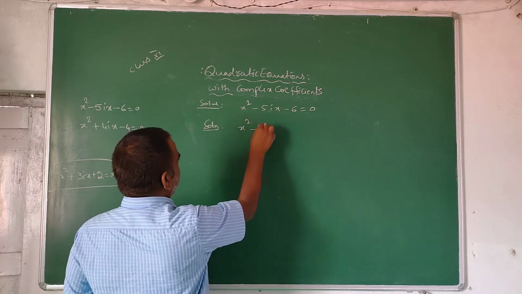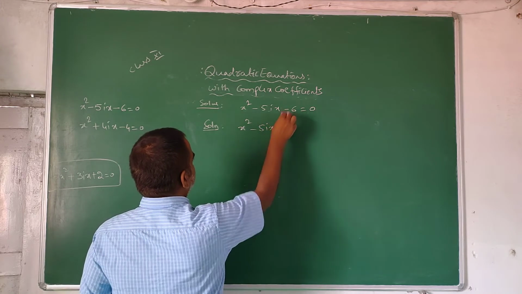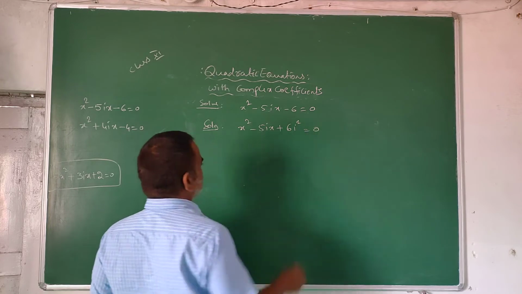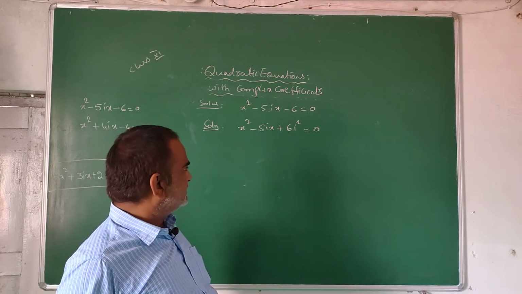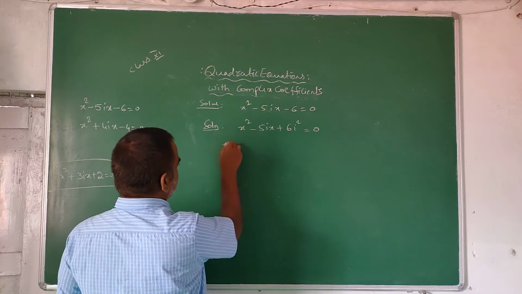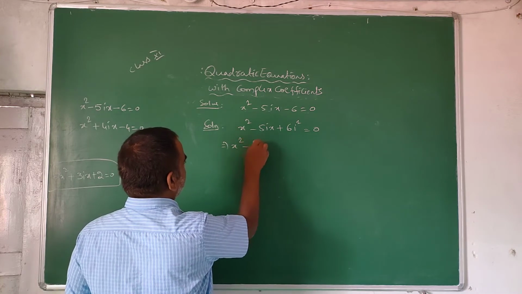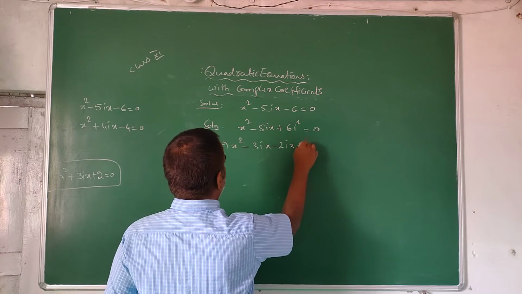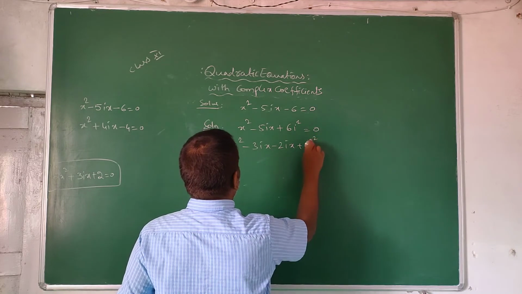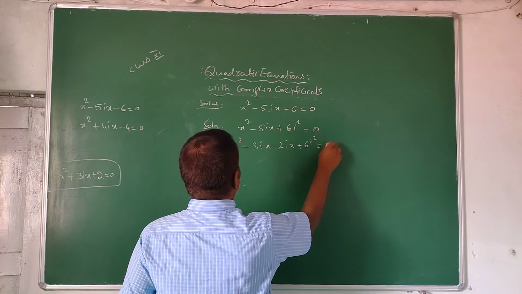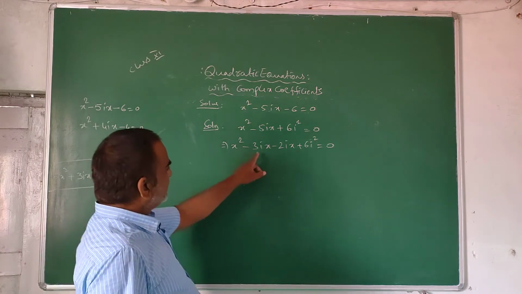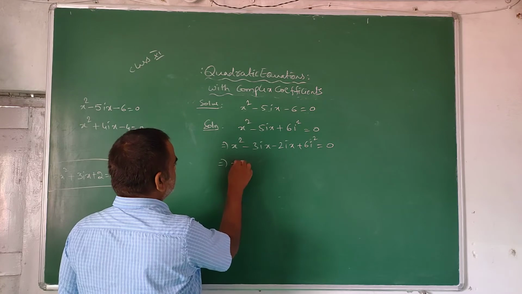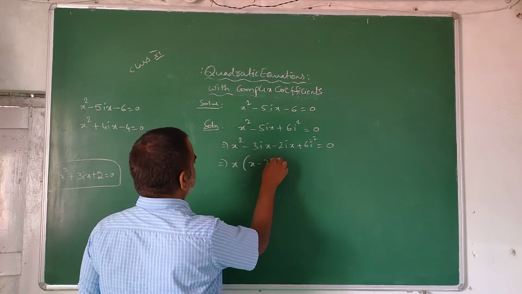So x square minus 5ix minus 6, you write as plus 6i square is equal to 0. 6i square is minus 6 only. Now go for splitting the middle term: x square minus 3ix minus 2ix plus 6i square equal to 0. Did you understand? Splitting the middle term. If you take x common, x minus 3i.